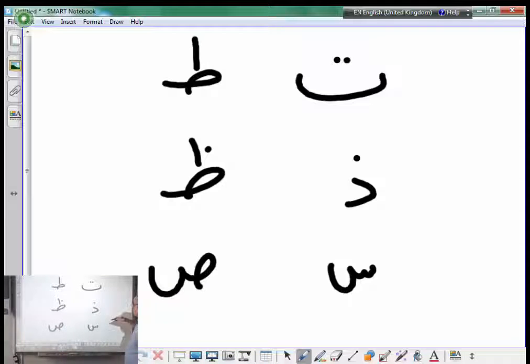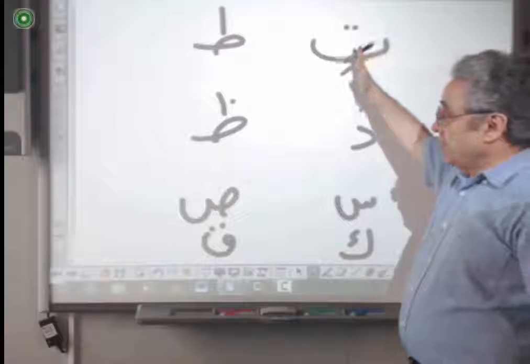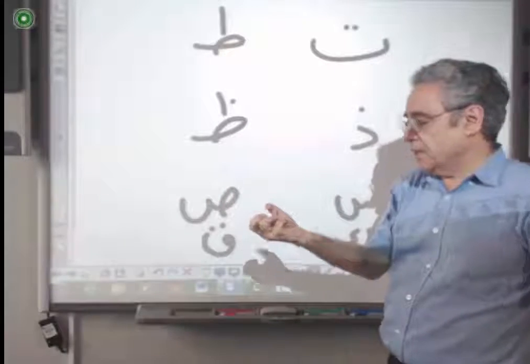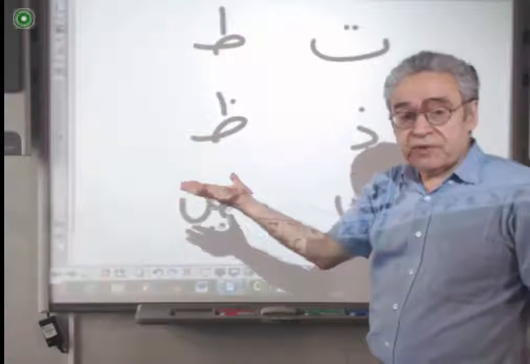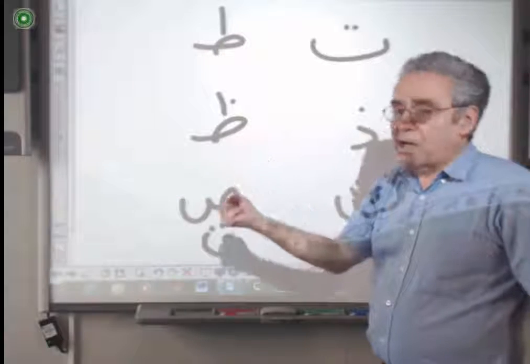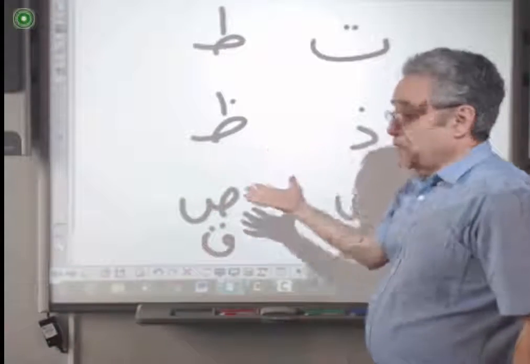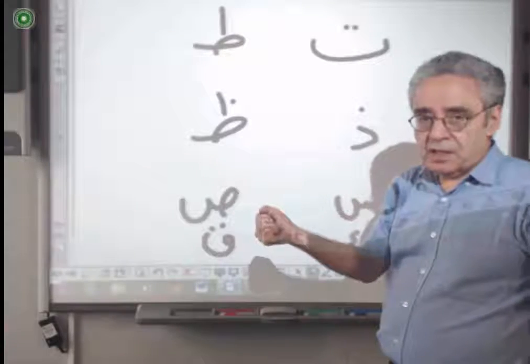And you have the last one, maybe kaf and qaf. So I want you to repeat with me. Ta, ta. Maybe by using your hand, you can say ta is flat, then ta, ta, ta.